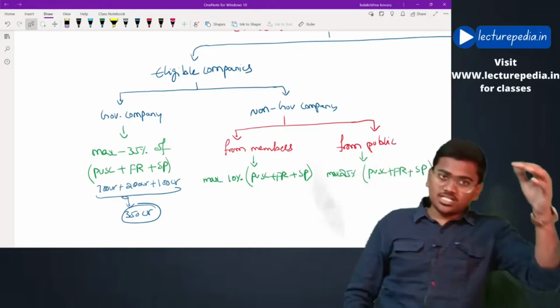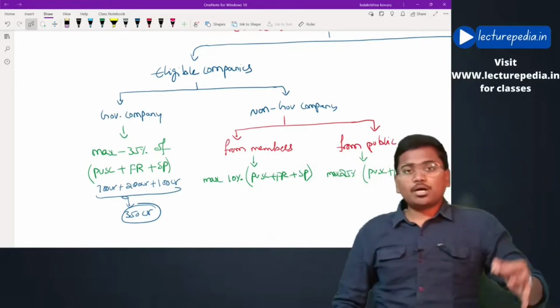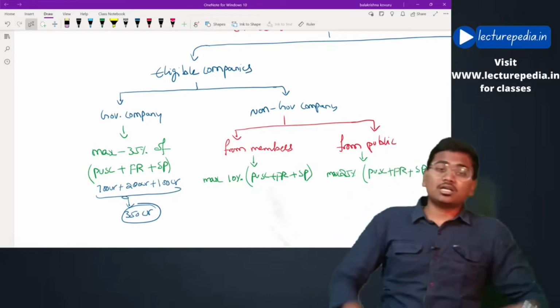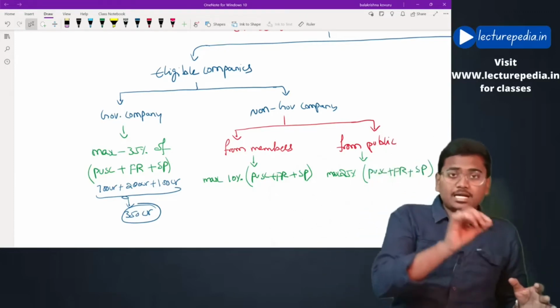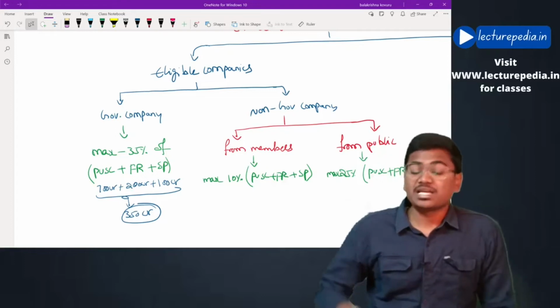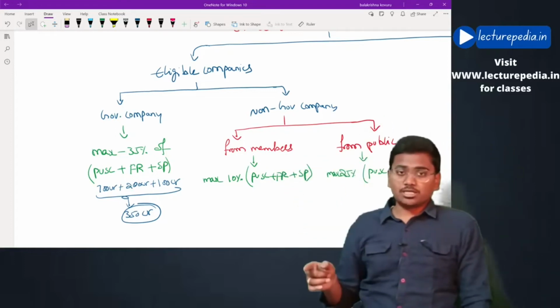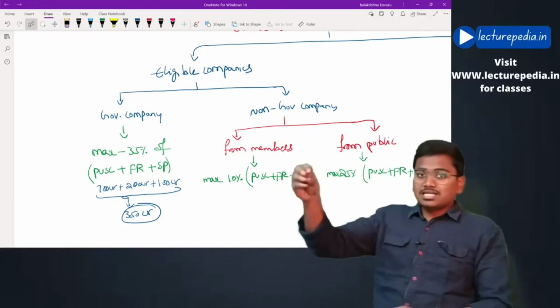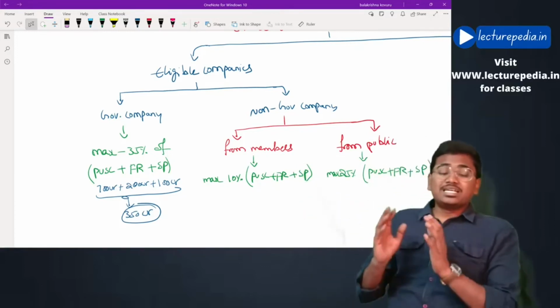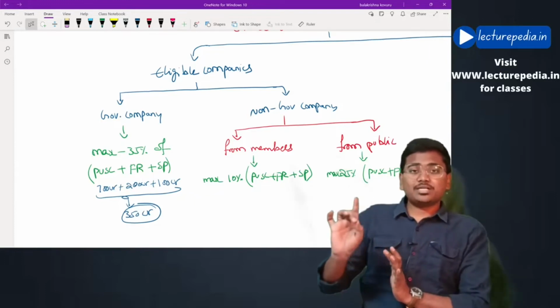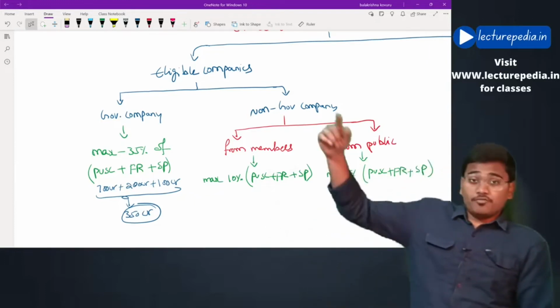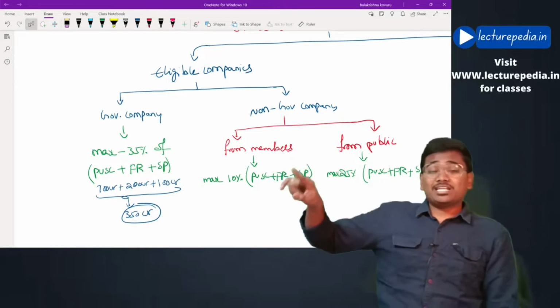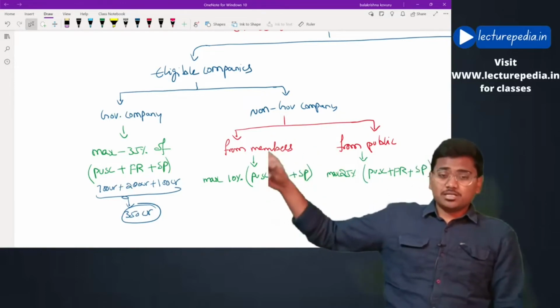In case of eligible government companies, the maximum amount of deposits that can be raised are 35% of paid up share capital, free reserves plus securities premium. In case of non-government eligible company, there is separate limits prescribed for both members and public. For members it is 10% of paid up share capital, free reserve, securities premium. From public it is 25% of paid up share capital, free reserve, securities premium.